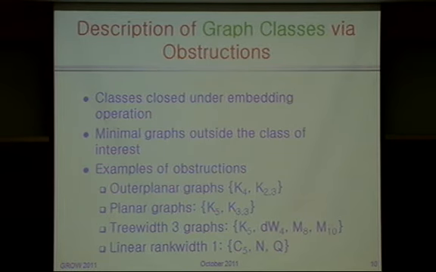Hans, I believe, mentioned this yesterday, that for 1, 2, and 3 there are very small sets of obstructions, and for tree width 3 it is K5 and the double wheel on 4 vertices, and this minor of 8 vertices, which looks like this.